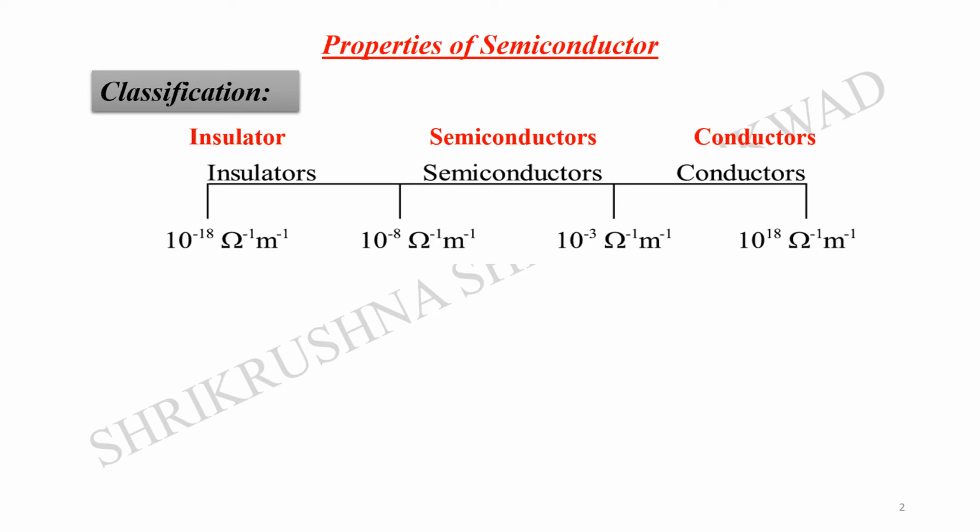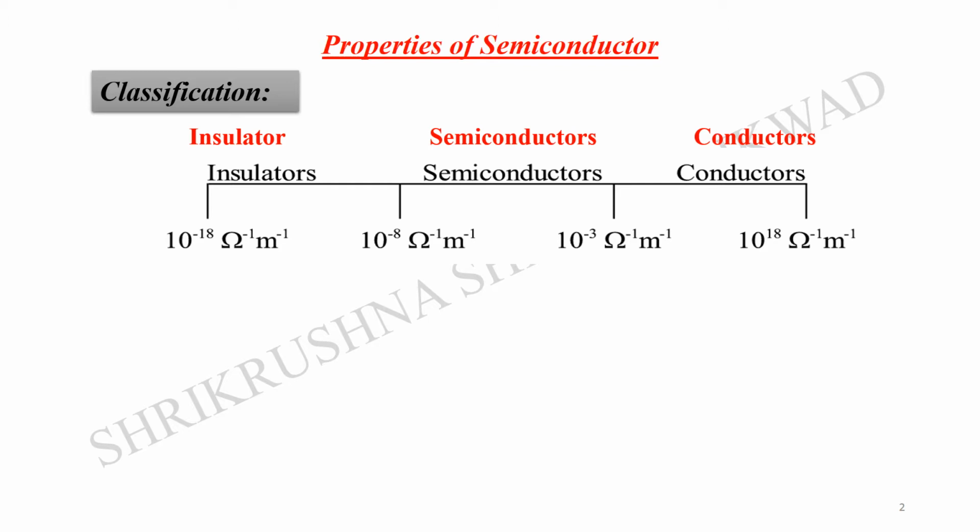On the other hand, if the material's conductivity is above 10 raised to minus 3 per ohm per meter, going up to the order of 10 raised to 18, then such materials are classified as conductors. And whose conductivity lies between 10 raised to minus 8 and 10 raised to minus 3, such materials are classified as semiconductors.